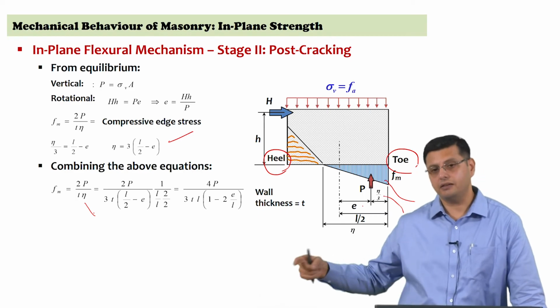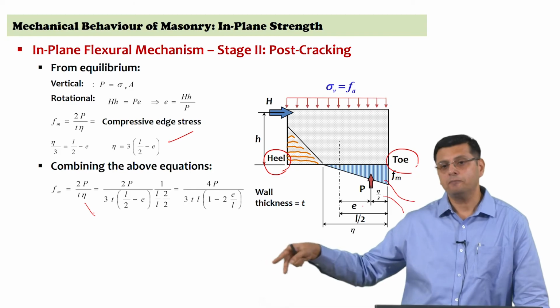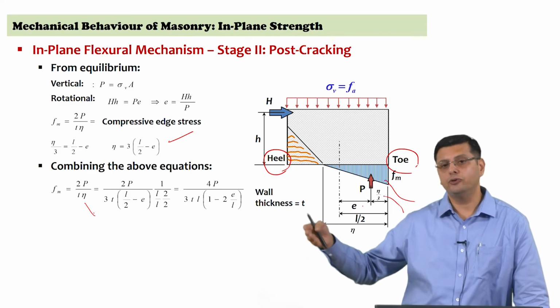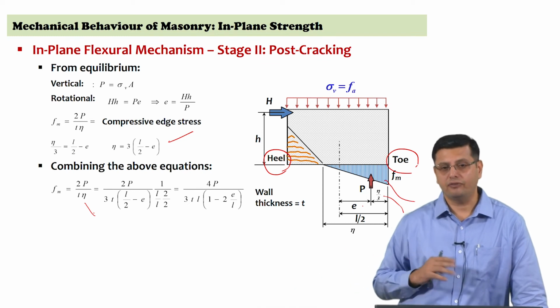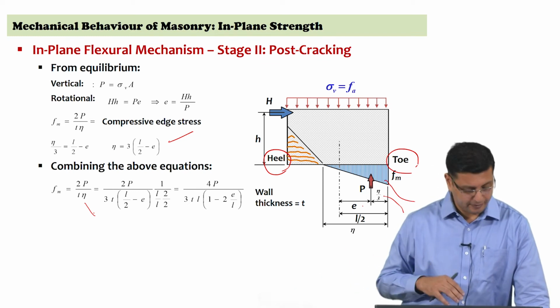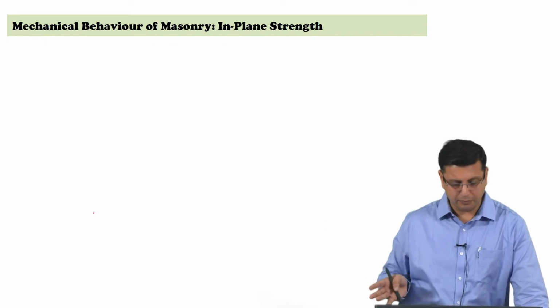So, when this edge compressive stress approaches the compressive strength, we have the limiting value of lateral force for which the failure in crushing is expected. So, we have got this expression now of the edge compressive stress.